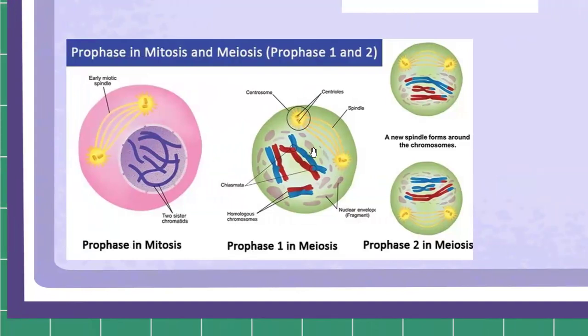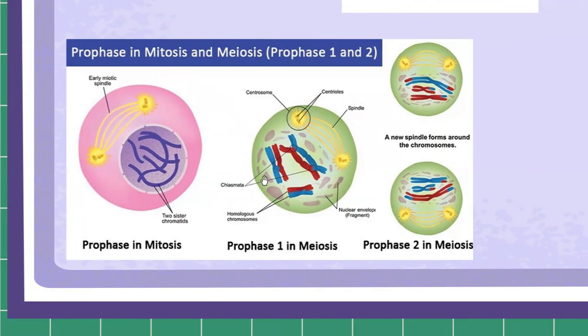Okay. In this case, you can see that the homologous chromosomes are not only attached with each other. Don't look in this diagram. Prophase one: the spindle forms around the chromosomes. Okay. So this is the centriole, this is the spindle fiber, and the cytoplasm plus the centriole is called a centrosome, and both centrosomes are moving to opposite poles.